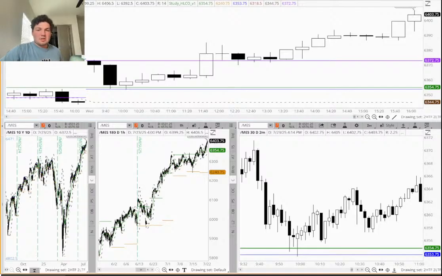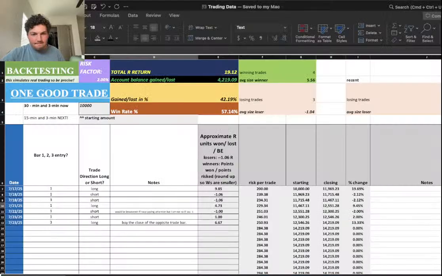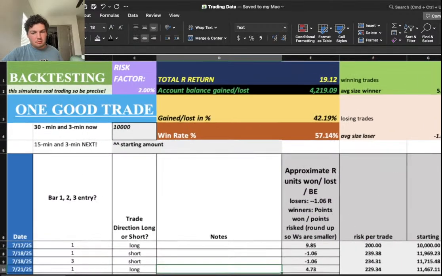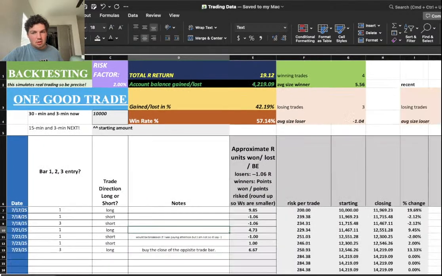But all right, guys. So far we've had 4 winners, 3 losers. Average winner has been 5.56R. Average loser has been -1R. Above 50% win rate. Our account is up 40%. We're up 19R.